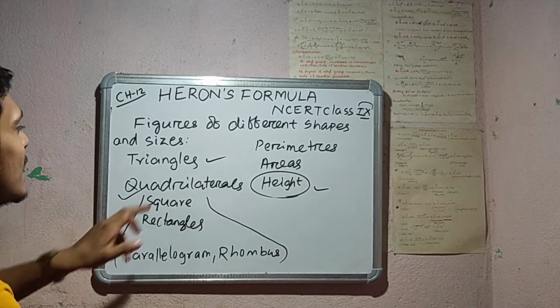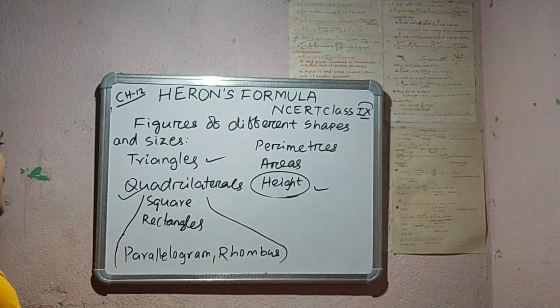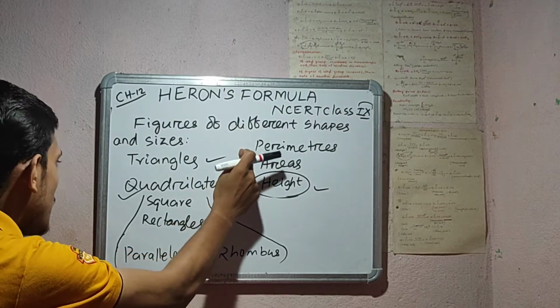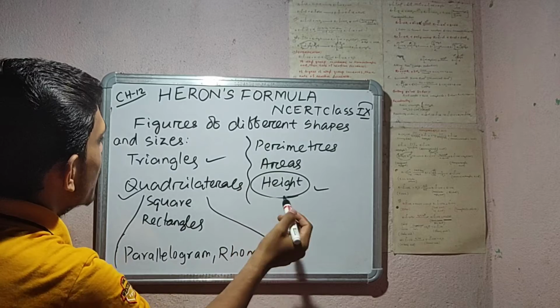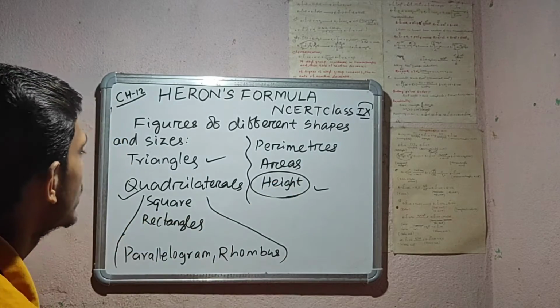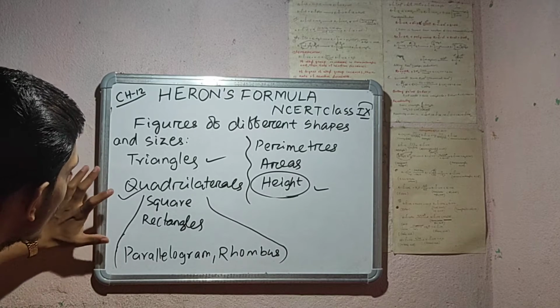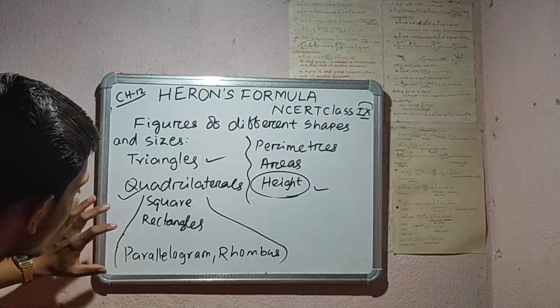And their perimeters, areas, height are the parameters of finding. Mainly your perimeter and areas.